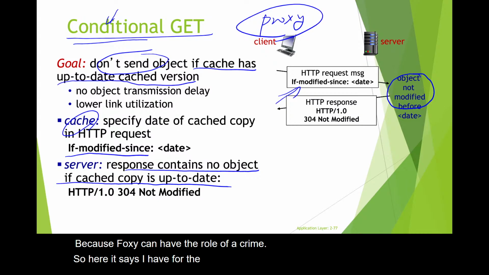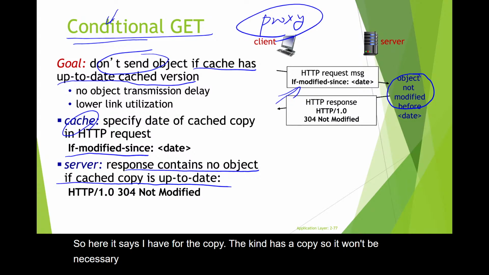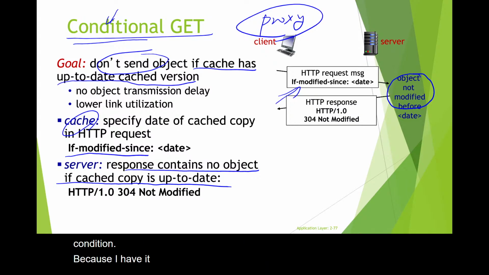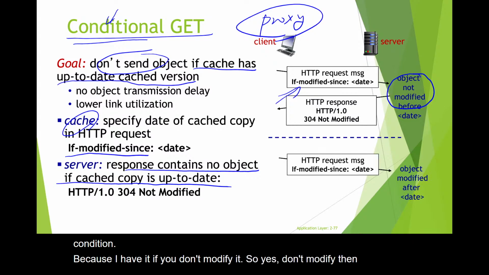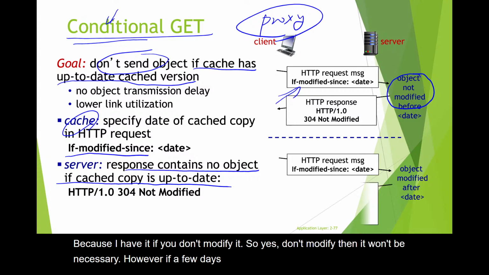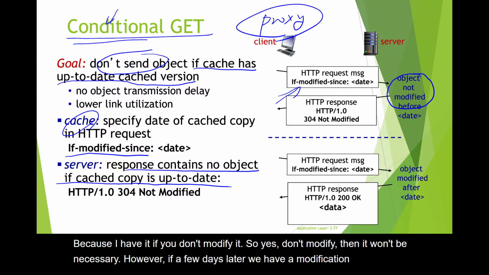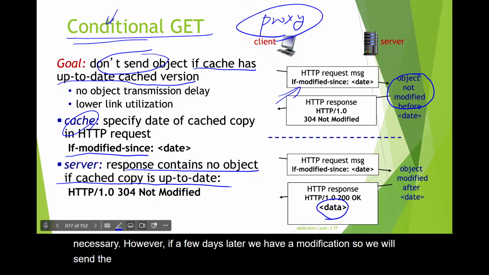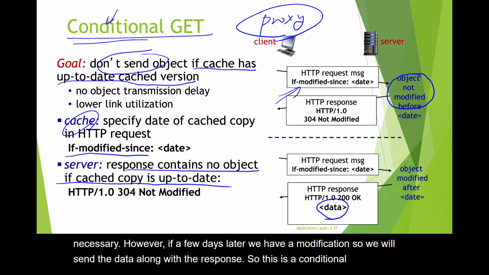The client has a copy, so it won't be necessary to receive it again. The server will use this if you have the condition. If you don't modify it, it won't be necessary. However, if a few days later we have a modification, we will send the data along with the response. So this is a conditional get.